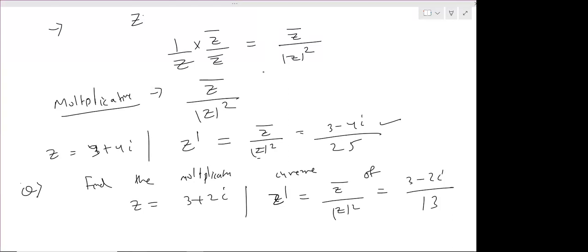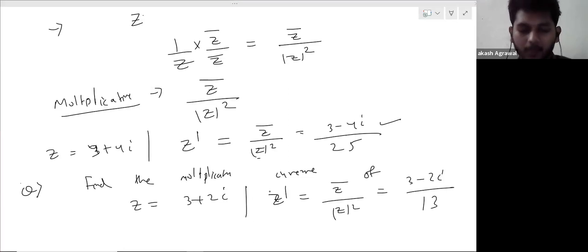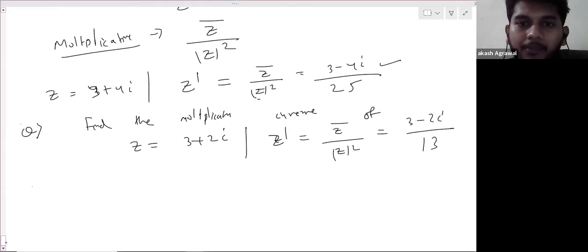Now this is the correct answer. Everyone, is this clear? Modulus is clear? Abdullah, Afnan, is it clear? Modulus and multiplicative inverse?